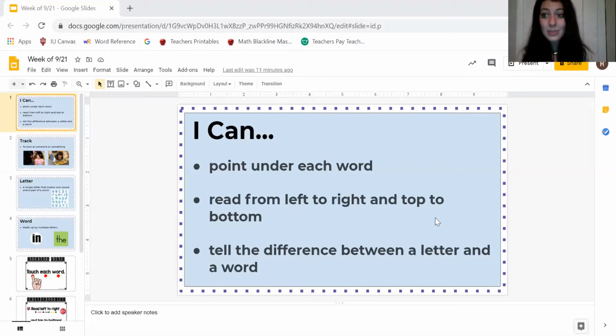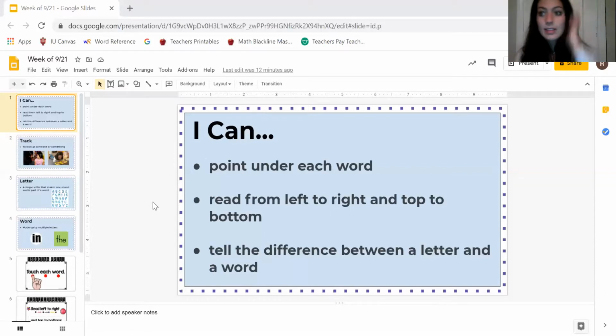Our last one is I can tell the difference between a letter and a word. Let's say that together. Here we go. I can tell the difference between a letter and a word. Awesome, scholars. We just read through all the things that we can do once we do today's lesson.